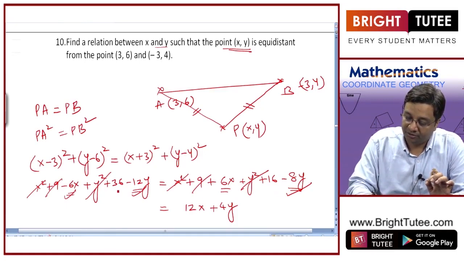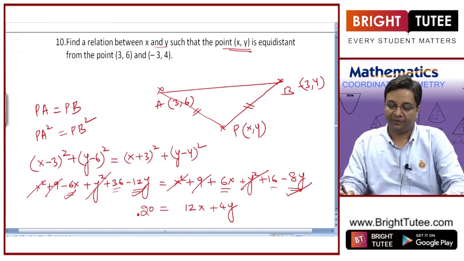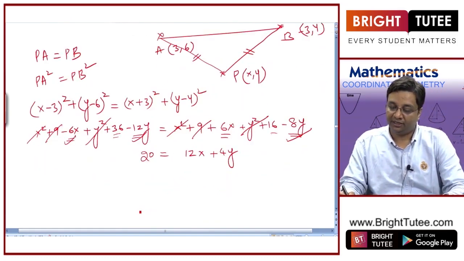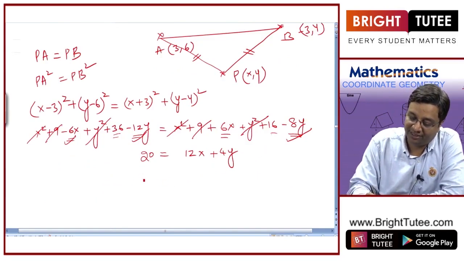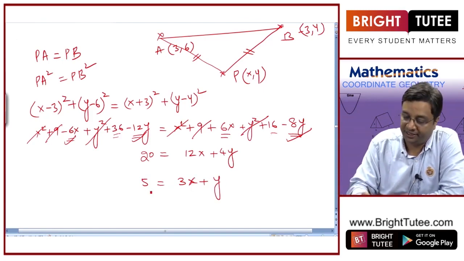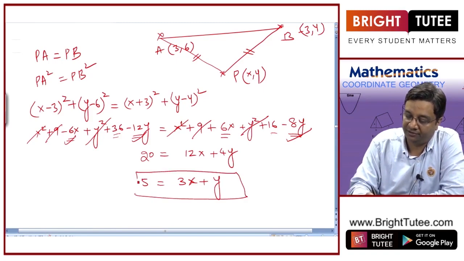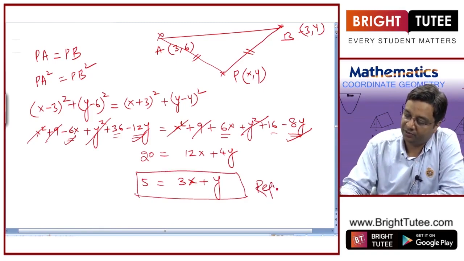So you just need to subtract 36 minus 16, which is 20, right? Now you see that this equation is divisible by 4 on both sides. So divide it by 4 on both sides. 5 is equal to 3x plus y. So 3x plus y is equal to 5 is the required relation in x and y.